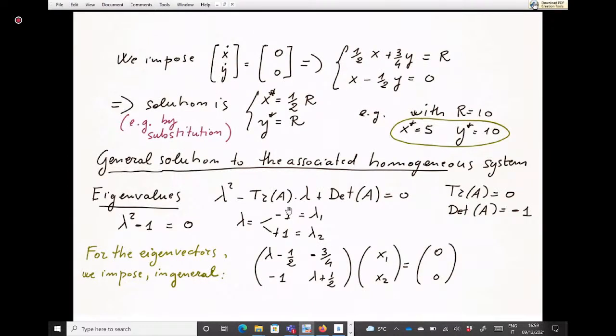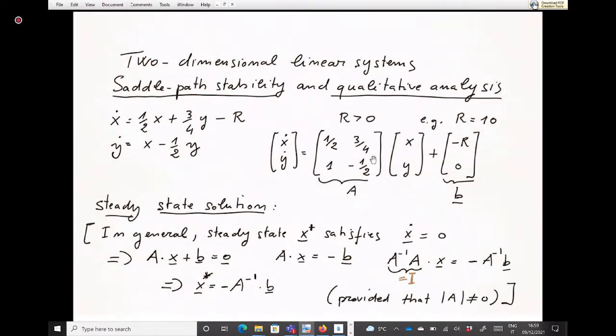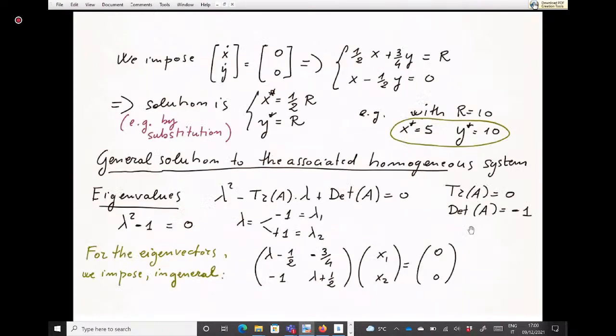So there is no term in lambda. It's a very easy equation. Plus determinant of A, which is minus 1, because it is minus 1/4 minus 3/4, so minus 1. So the characteristic equation becomes lambda squared minus 1 equal to 0, and the two solutions are plus 1 and minus 1. One eigenvalue is negative, the other eigenvalue is positive.